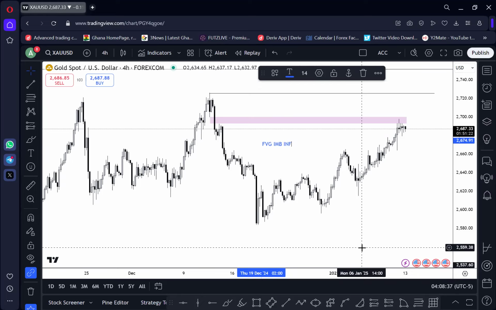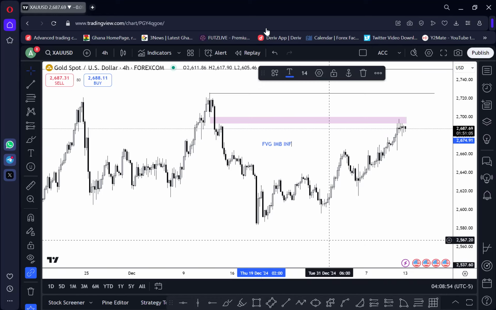Now, what actually are fair value gaps? Fair value gaps are gaps left unfilled between three successive candles.